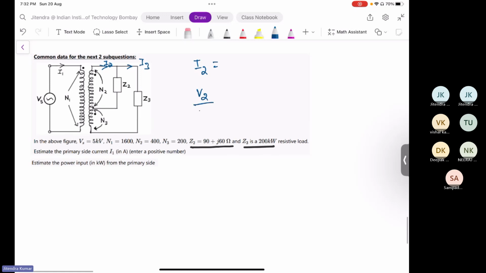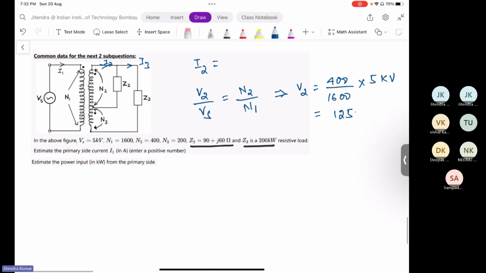V2 by Vs is equal to N2 by N1. So V2 will be equal to 400 divided by 1600 into Vs, which is 5 kV. So V2 will come out to be 5 kV divided by 4, so it is 1250 volt.